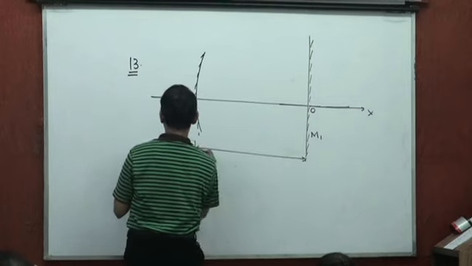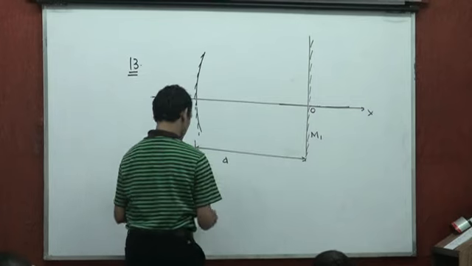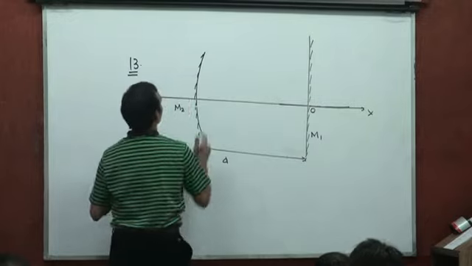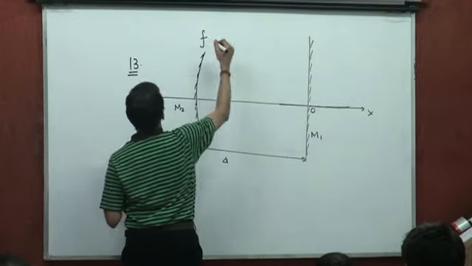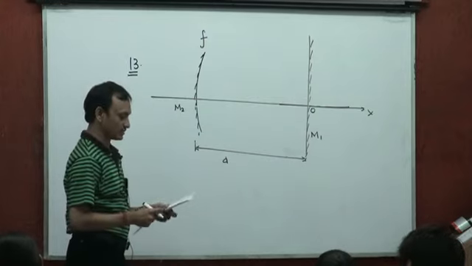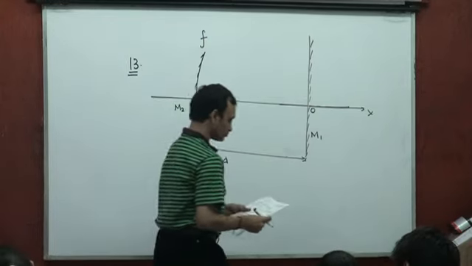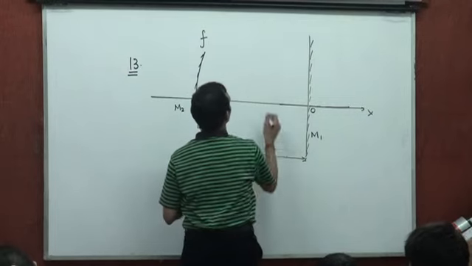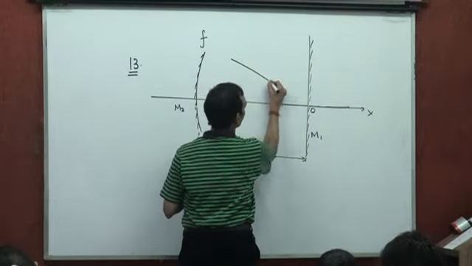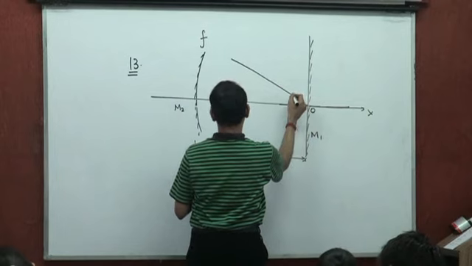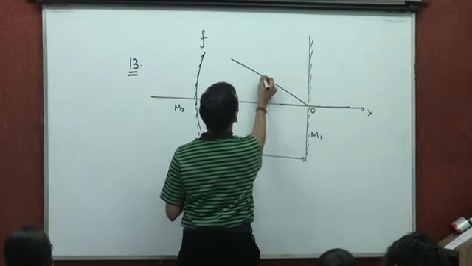This is D. And let's say the magnitude of the focal length of this is F. It's given that theta is small.